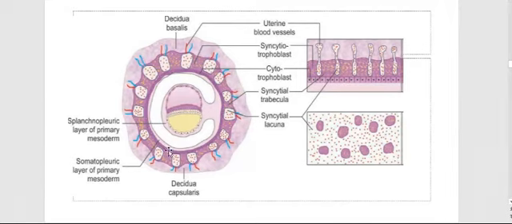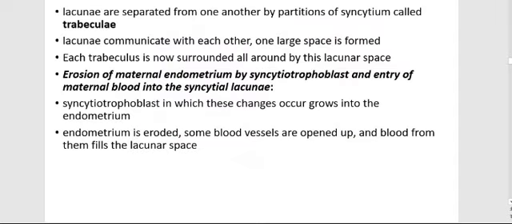When they project into the trabeculae, what are we going to form? We are going to form the primary villi.